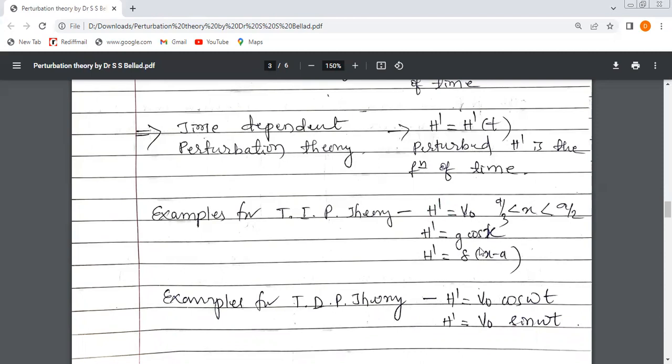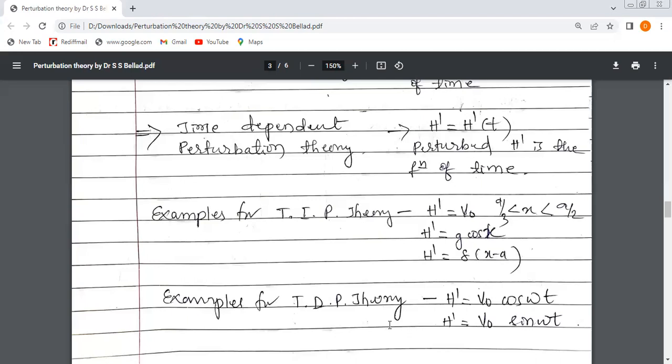Look at all these three examples. What is clear is that there is no time involved here in H dash in all these three cases. The H dash is independent of time, and hence they refer to the time independent perturbation theory.